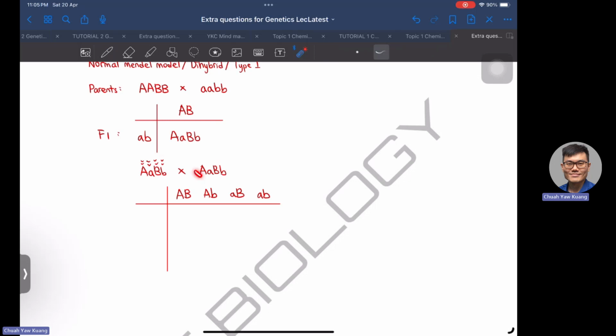The same goes for the second parent, which is also able to form four types of gamete. So it is the same. I will just write it down. After we have done all the gametes, next we will do the cross.